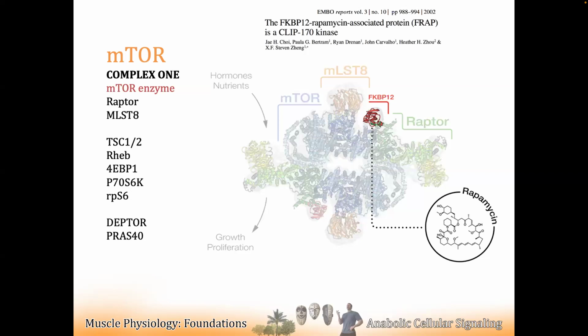FKBP12 rapamycin associated protein, that's FRAP. Or rapamycin and FKBP12 target 1, that's RAFT1. Both of these used FKBP12 in their name. The eventual pen name of mTOR ignored FKBP12, but it's still referring to it. Because everyone knows what we're talking about, target of rapamycin. What's the actual target? FKBP12.